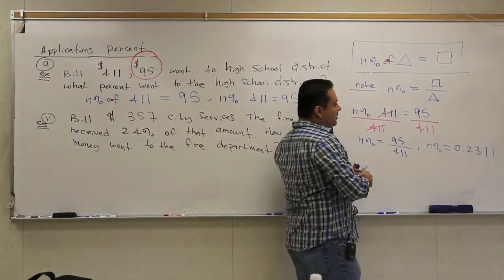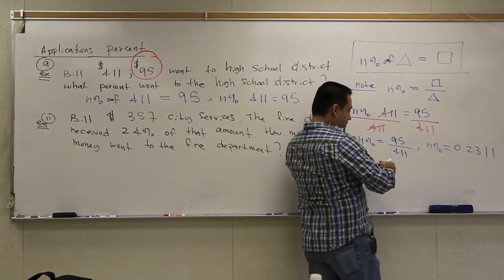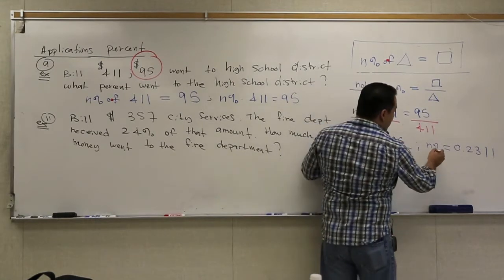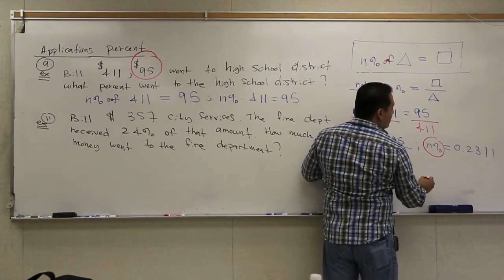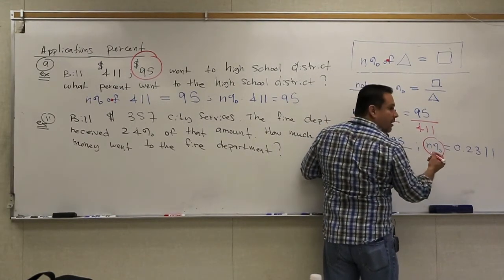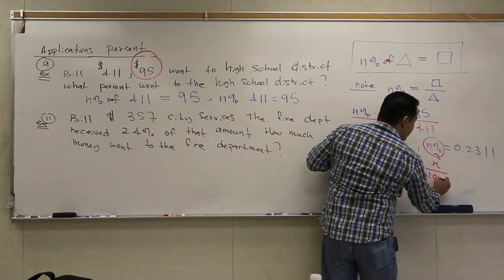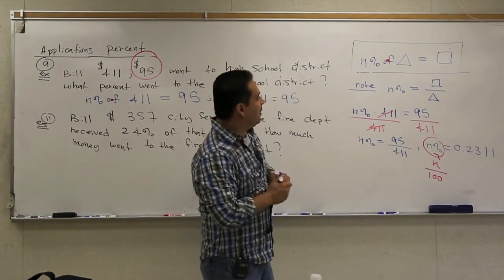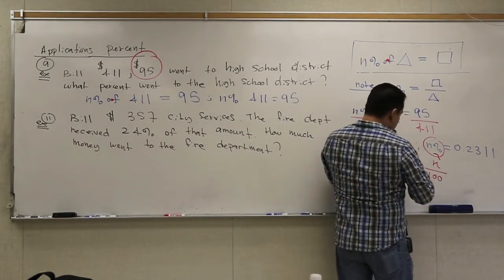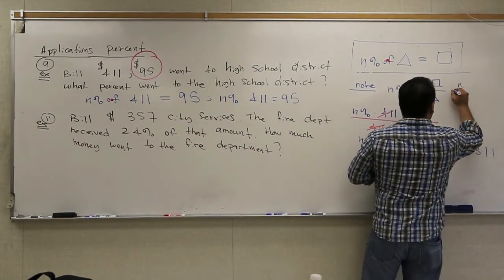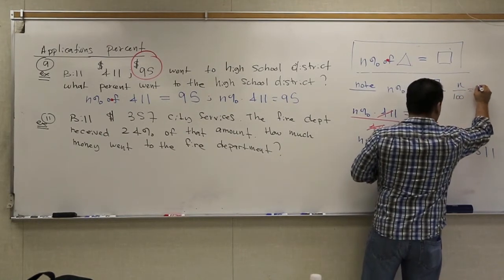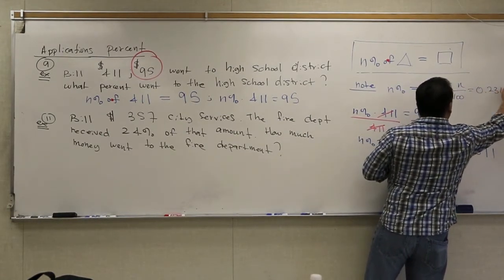N% is 0.2311. This is a percentage. But what percent is this numerical value actually? Do you guys know? Well, what's the meaning of n%? What did we say yesterday? N over what? 100. Is that right? So I'll put some work up here that n over 100 would be 0.2311.